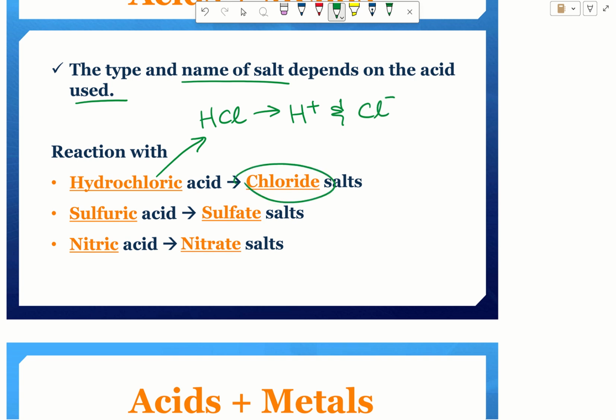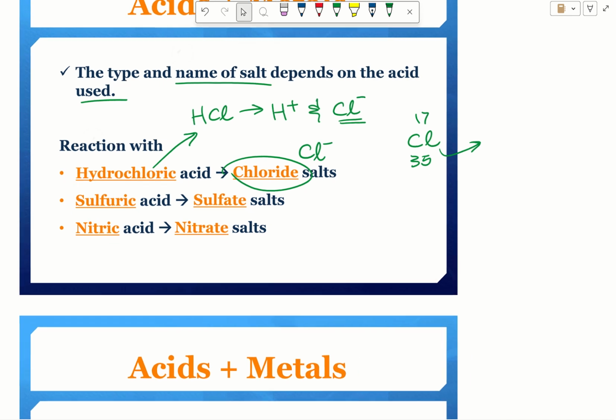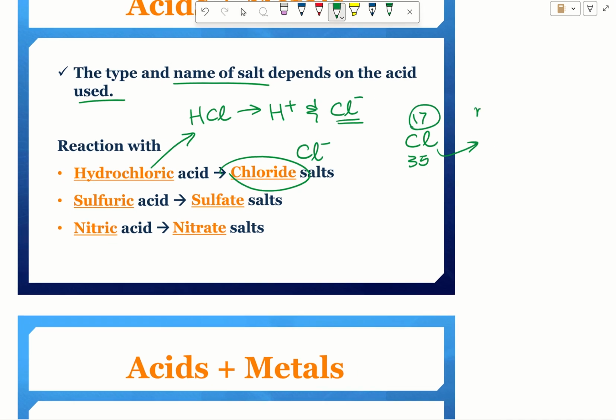Chlorine in the periodic table is 17 and 35, I think. 17 is the number of protons, which is equal to the number of electrons, so I have 17 electrons.